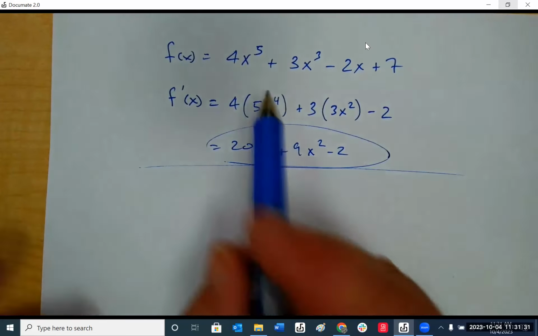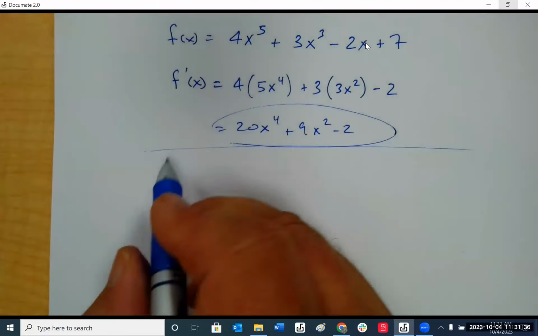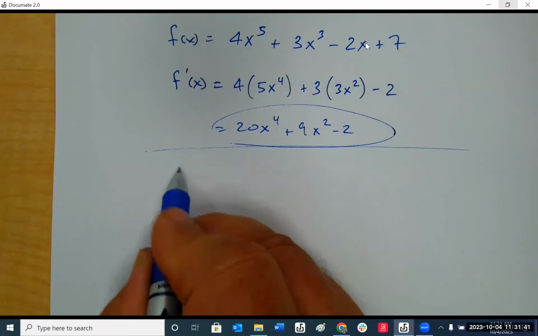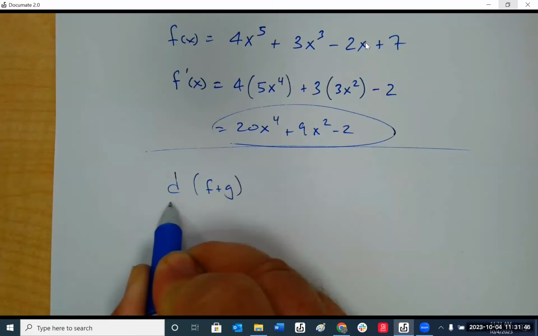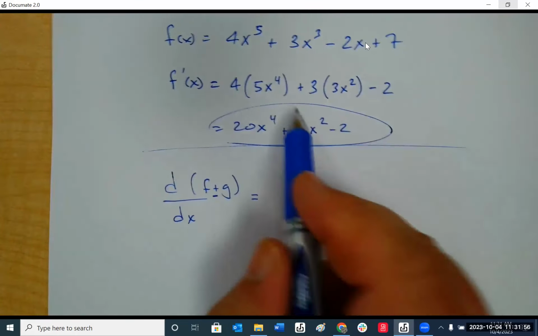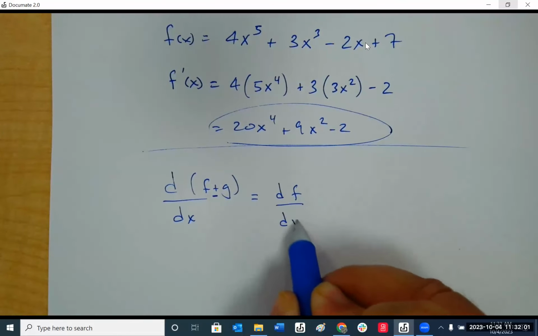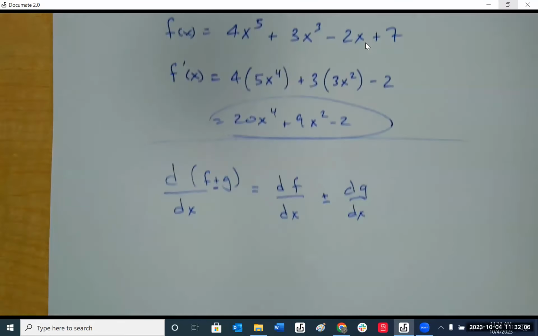Yes, and we talk about constants. We have constant multiples. We have power. And with this rule here, what I forgot to tell you about is the sum and difference rule. If you have a polynomial, you could take the derivative of each one separately and then combine them at the end.